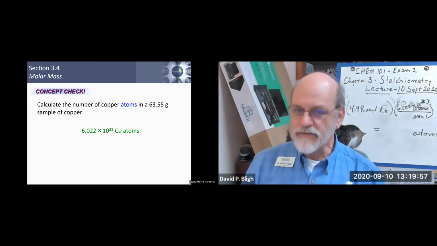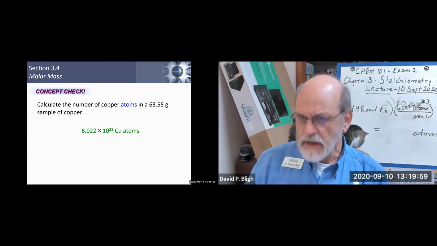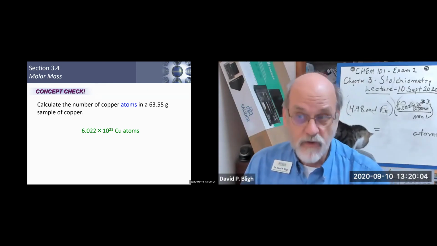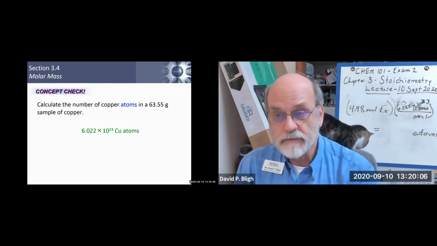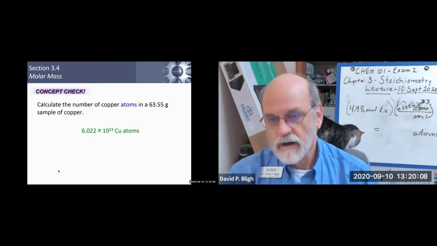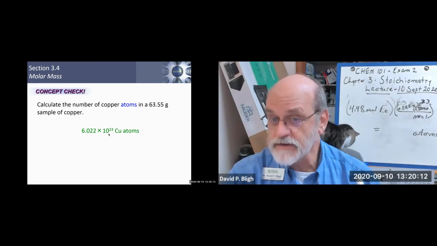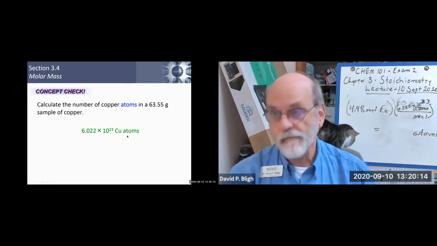And just to drive this point home, if you actually made that measurement in the lab, 63.55 grams, and you knew that you had that much copper, are you sure to have exactly 6.022 times 10 to the 23rd copper atoms?